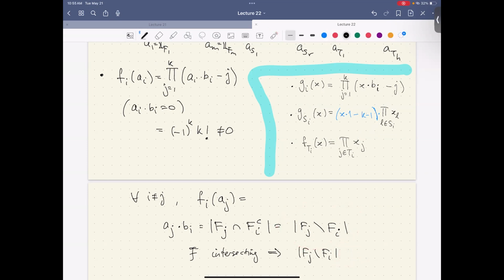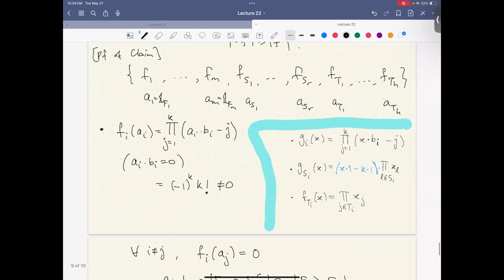So it takes value from 1 to k. But if it takes value from 1 to k, then one of these terms must be 0. We get what we want. So we finished verifying the first piece.